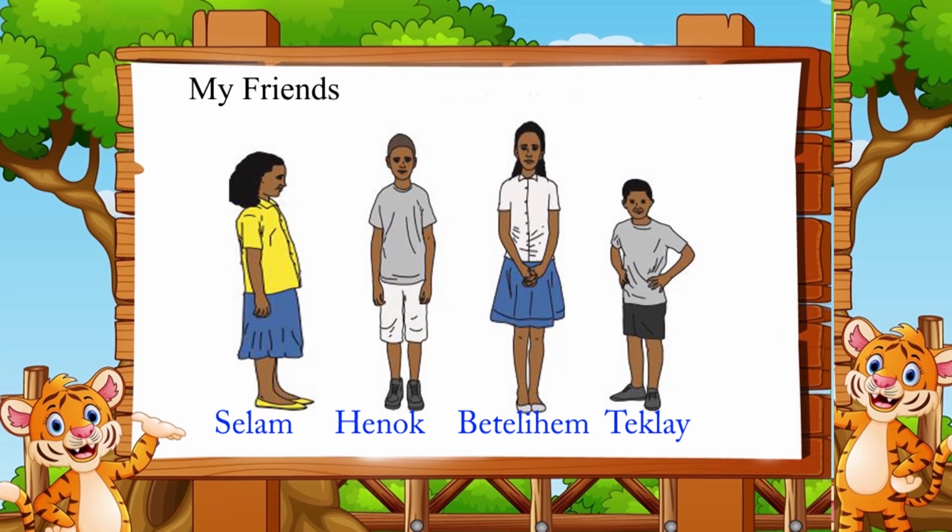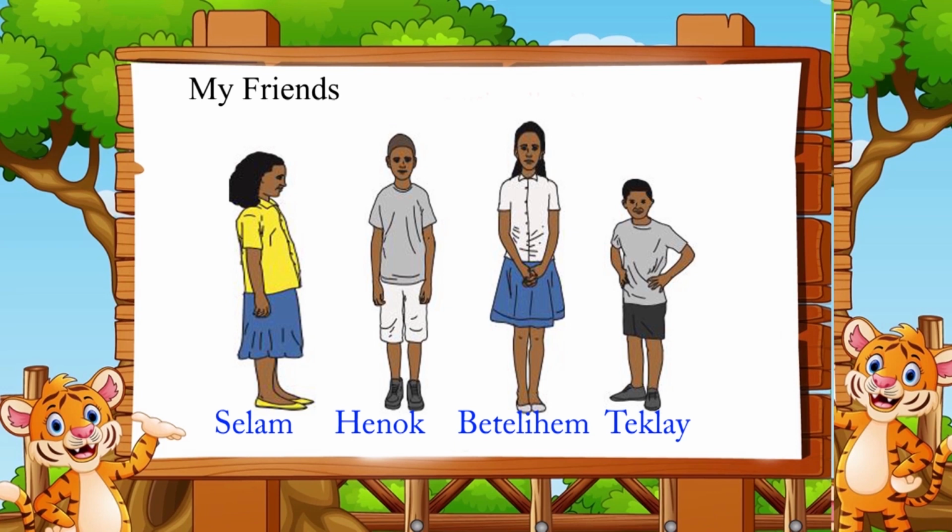We go to school every day. We study and do our homework together. In our free time, we read books in the library. We play different games. Our height, weight, and ages are different.